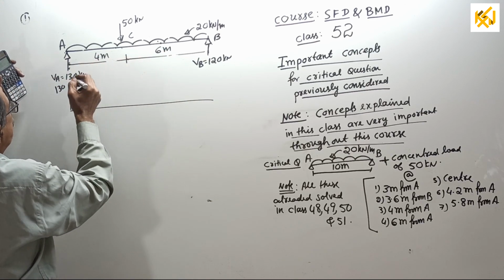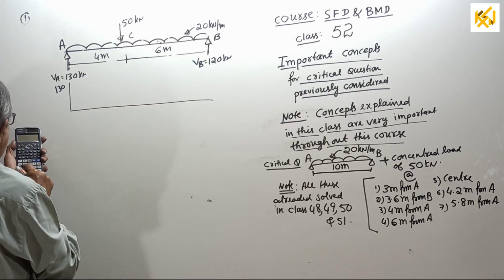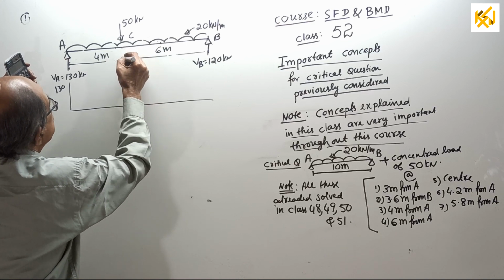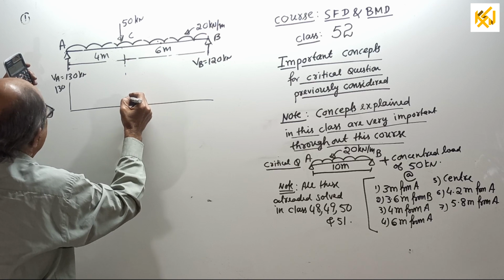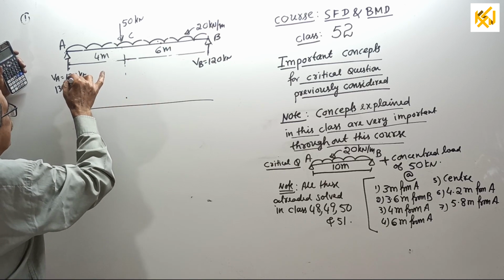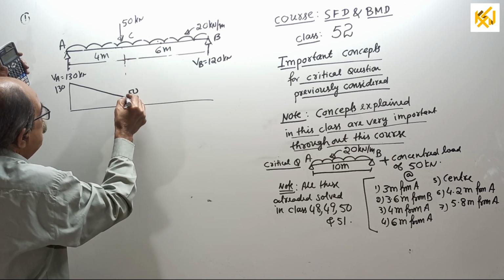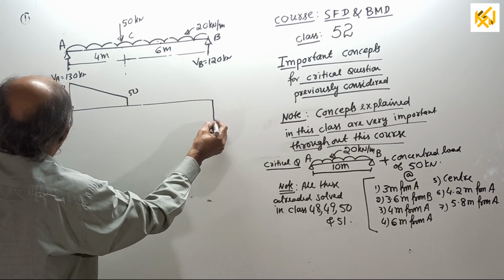When you reach here, it correctly comes to 130 minus 20 into 4, which is 50. Oh, this is actually a coincidence, it never happens usually. 50. Then down 50. Oh, 0. Then here 120.